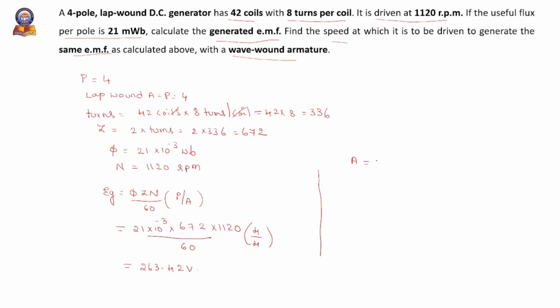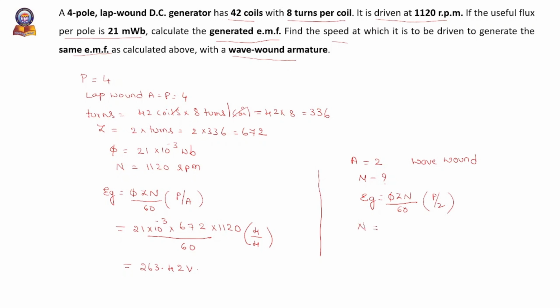So here A is equal to 2, wave wound, we have to calculate the speed. So Eg is equal to psi Z N by 60 into P by 2.